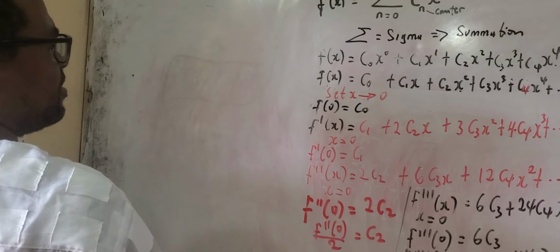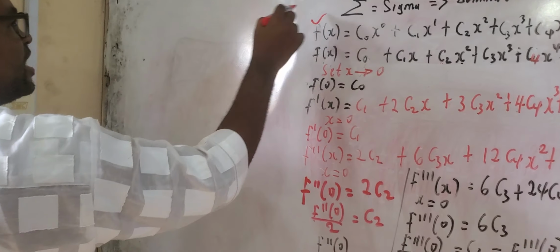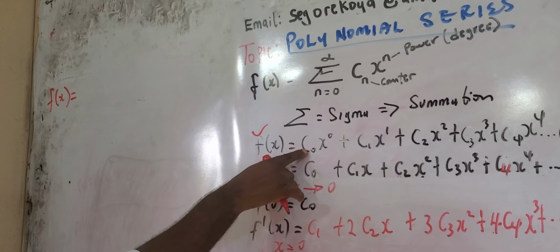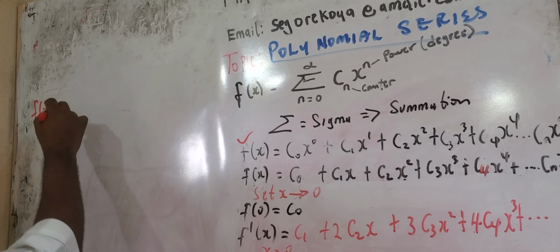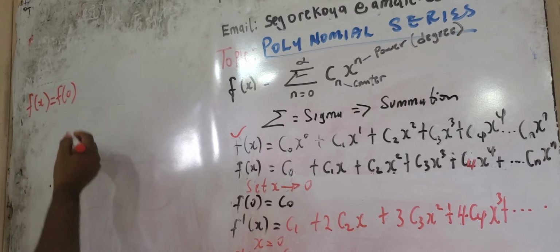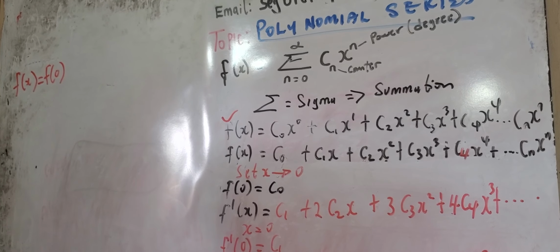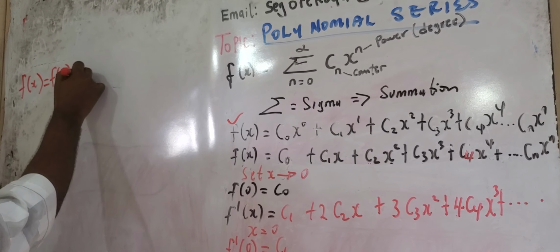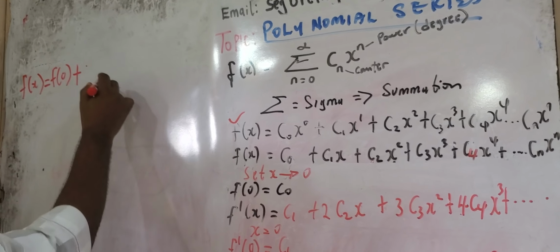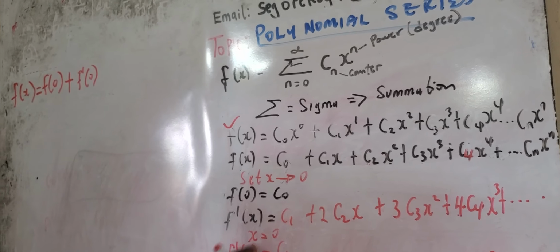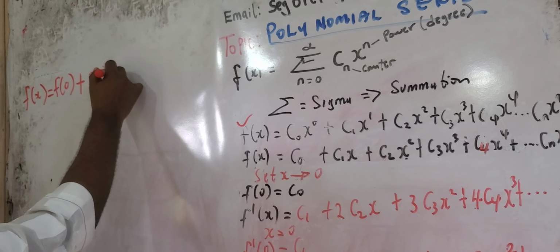If you look at this one now, this particular polynomial can now be written in Maclaurin form by substituting all I have gotten. I have gotten c0 to be this. So I'll write it as f of 0. Then C1 I have gotten to be this. That is, I'll write plus f prime of 0, that's my C1, times x.